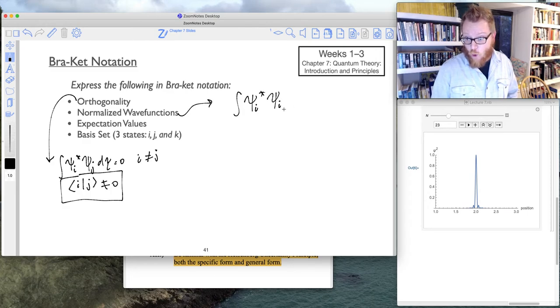I can only normalize wave functions if they are in the same state, d tau, and that equals 1.